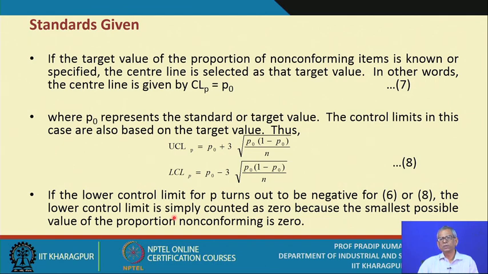Now my question, an important question, is why do you make it 0? Why don't you let it remain at a negative value? This may occur not only for this kind of control chart, for any kind of control chart this may occur.